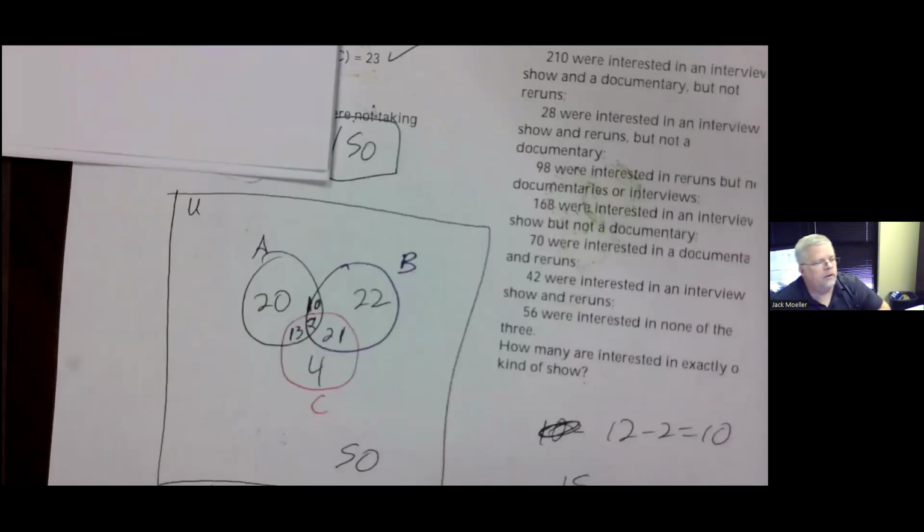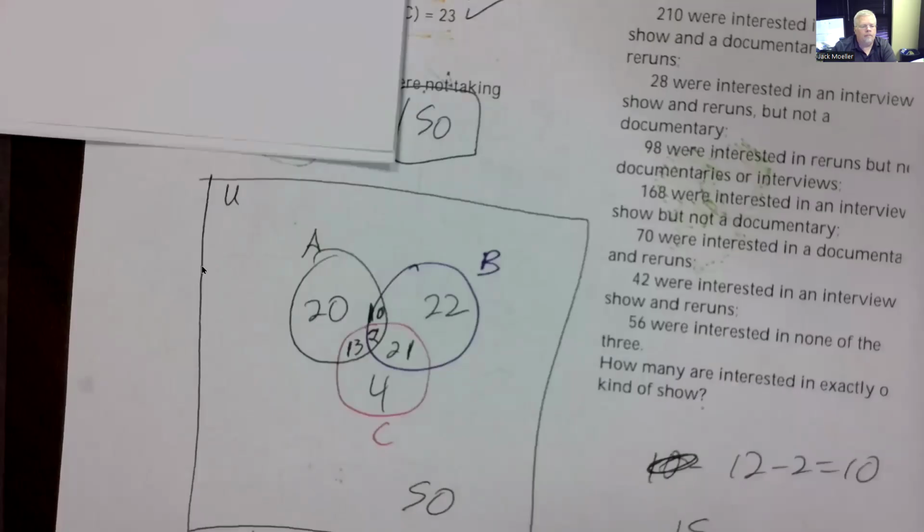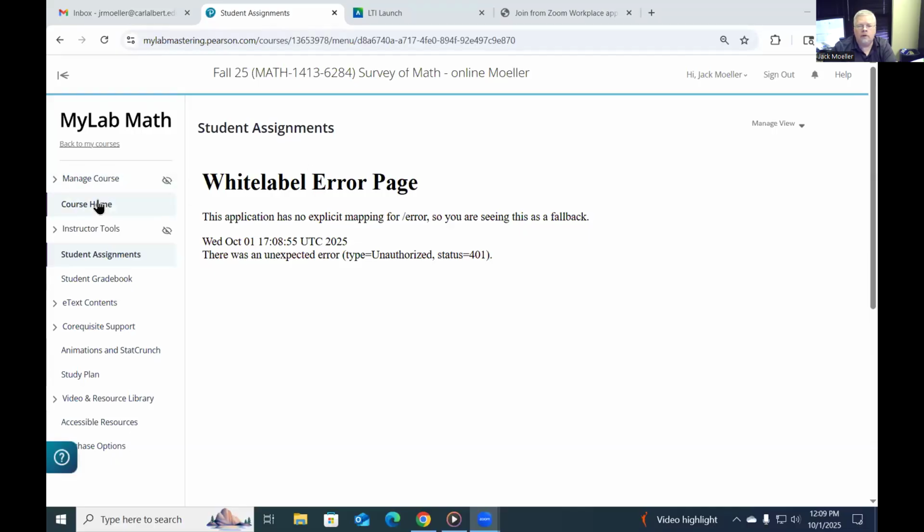All right, so let's get into virtual MATLAB. Share that screen. Oh, and I was logged out too long. It doesn't like that.